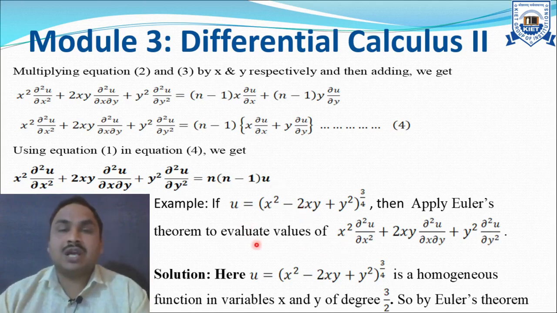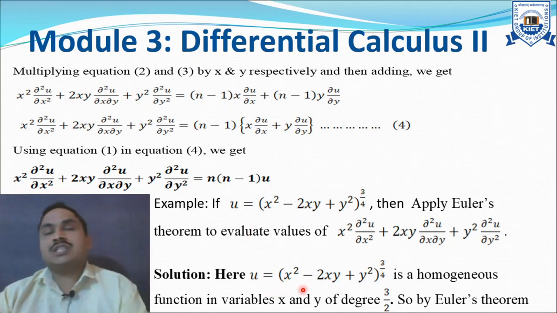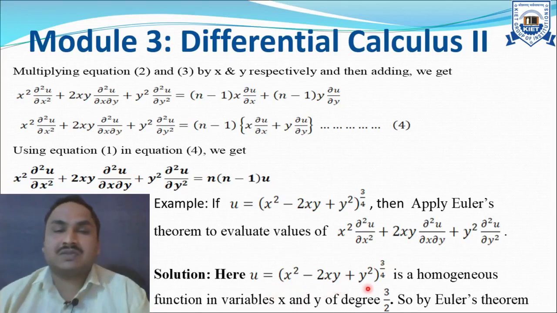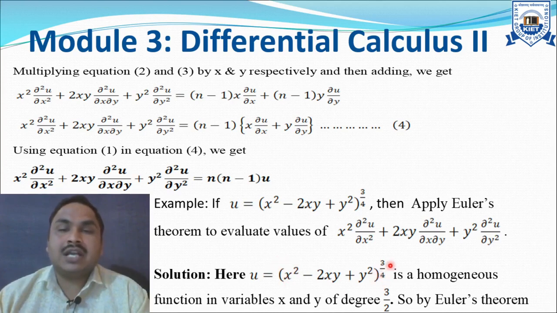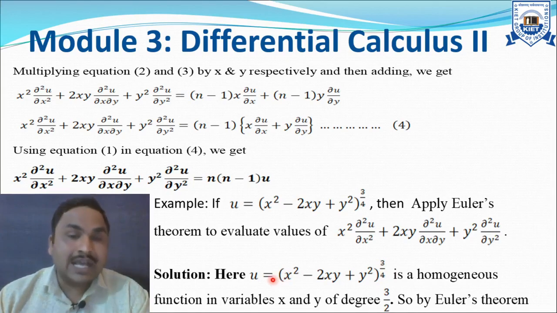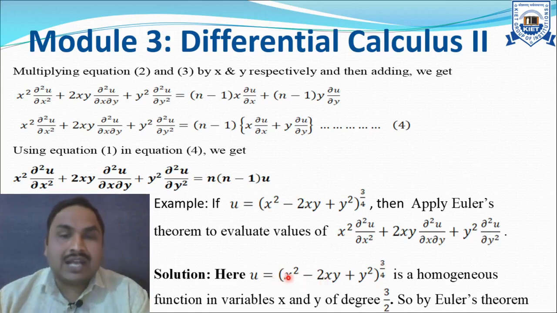We shall apply the same in this particular example. Here u equals (x² minus 2xy plus y²) to the power 3/4. From here, if I take x² common from outside, then since I have power 3/4, x² to the power 3/4 gives x raised to the power 3/2 outside, and inside I will get (1 minus 2y/x plus (y/x)²).